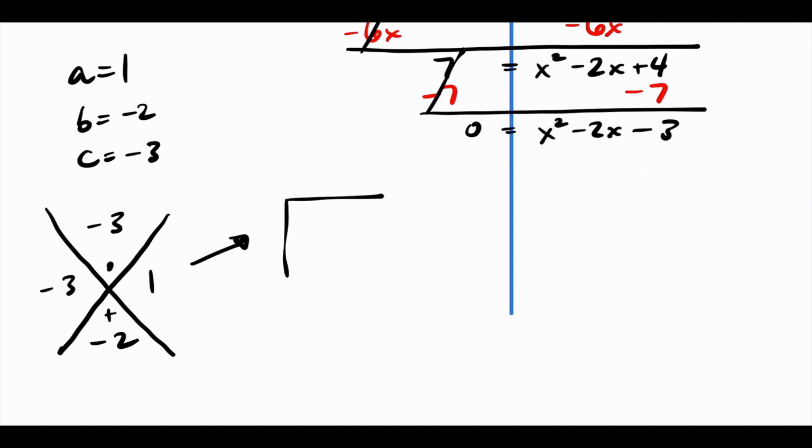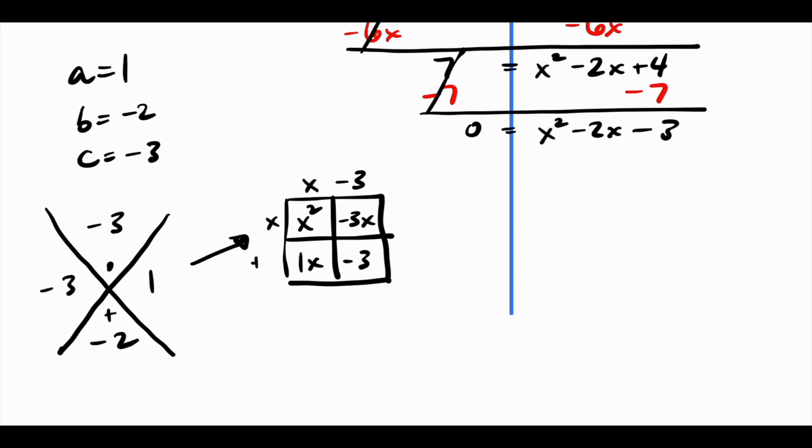Then I go to the box. So I get x squared, a negative 3x, and a positive 1x. And then you factor. What times what makes x squared? x. Then I get a minus 3 and a positive 1.